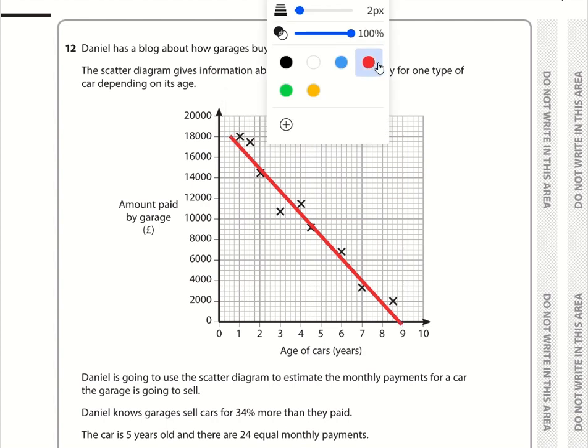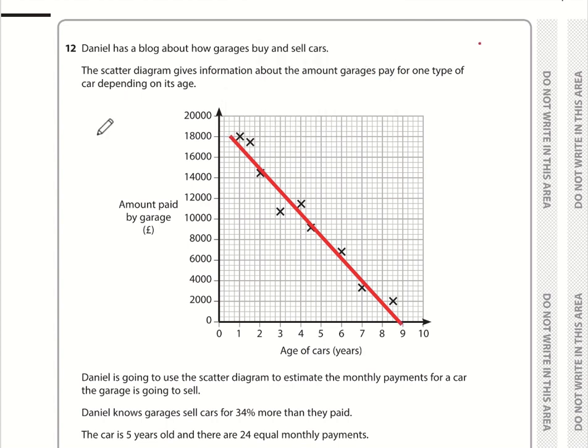So there we go, there is my line drawn in. So what I need to do here is go up from 5 years, and I reckon I'm hitting somewhere, it's hard to say because my line is so fat, but I reckon it's halfway between 8,000 and the next line up. So what are we going up in here? 0 to 2,000 has 5 divisions, 1, 2, 3, 4, 5, so we're going up in 400s.